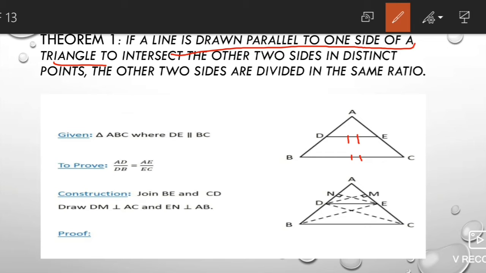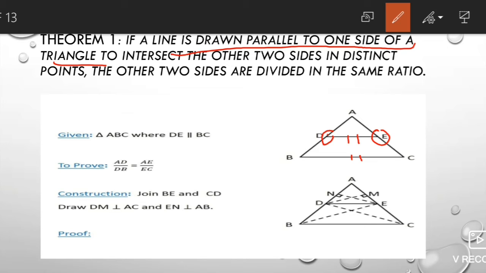This point D divides AB, and this point E divides AC. So line segment DE divides AB and AC at two distinct points. You have to show that the other two sides are divided in the same ratio.